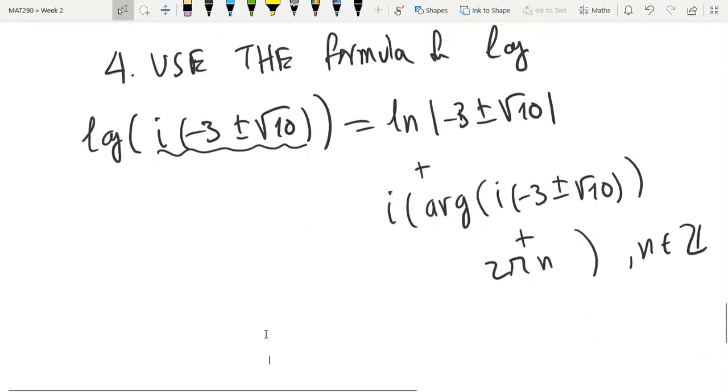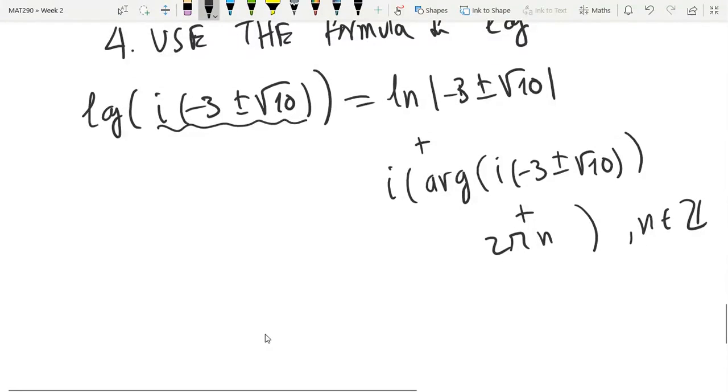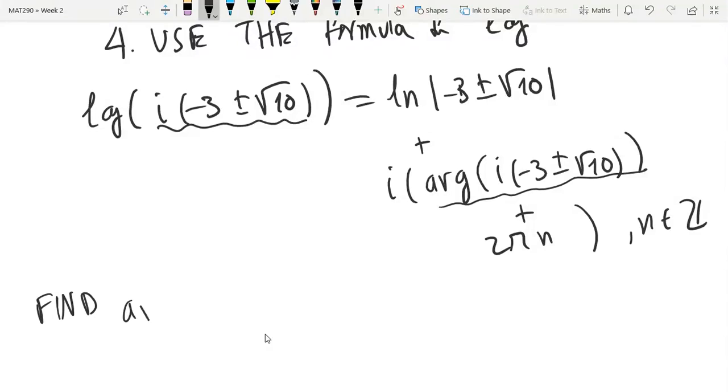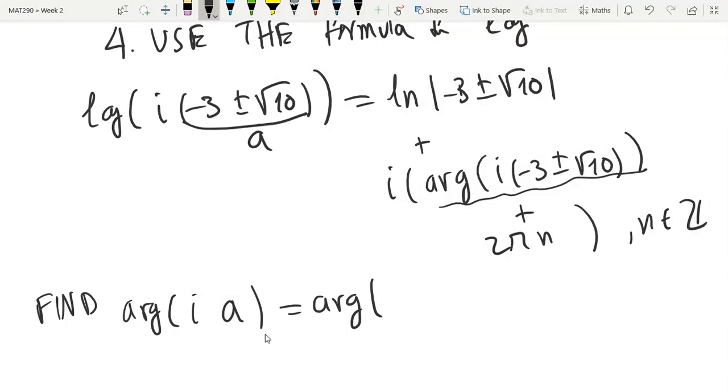So what remains here is to find this argument. So find the argument. For simplicity, let me call this constant a. Now recall that i is equal to e to the i pi over 2 by Euler's formula, and a is a real number, so we get that the argument is just pi over 2.